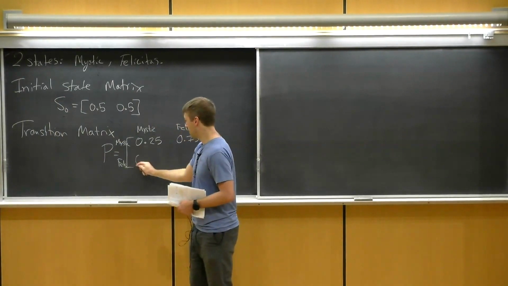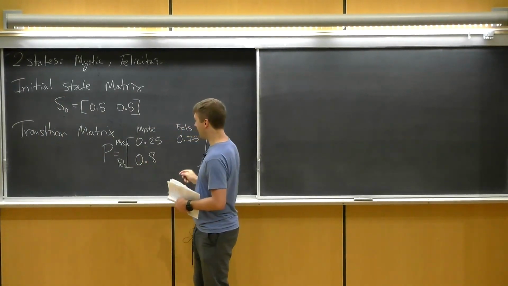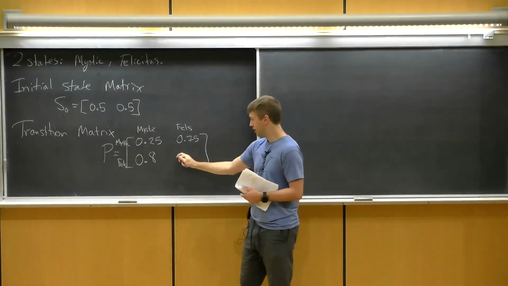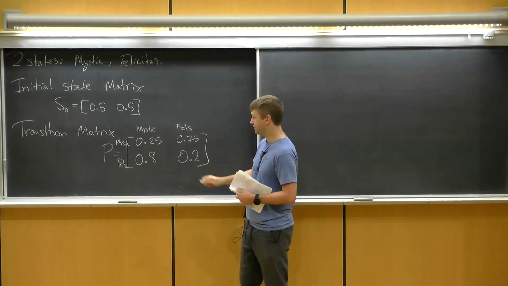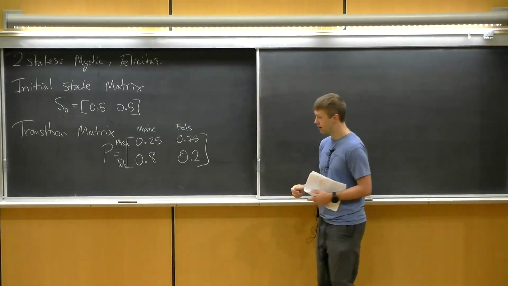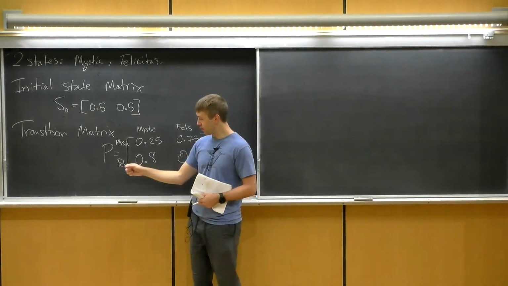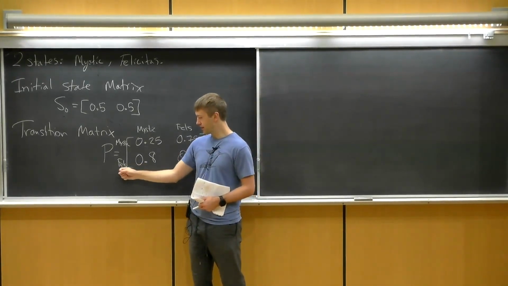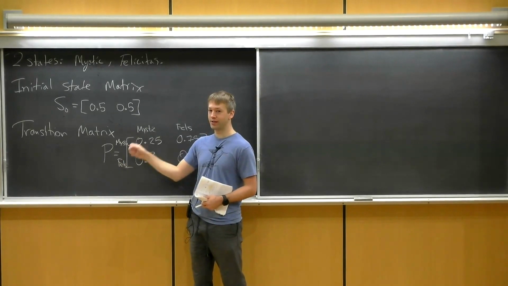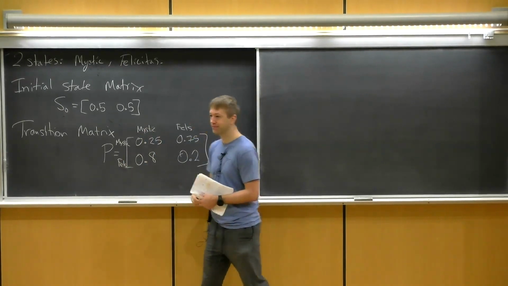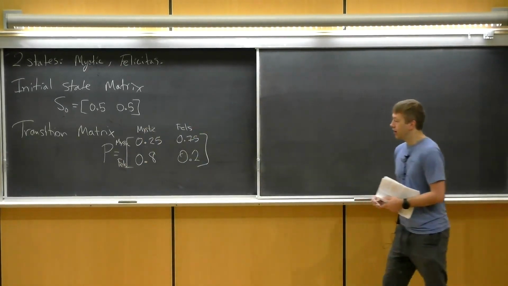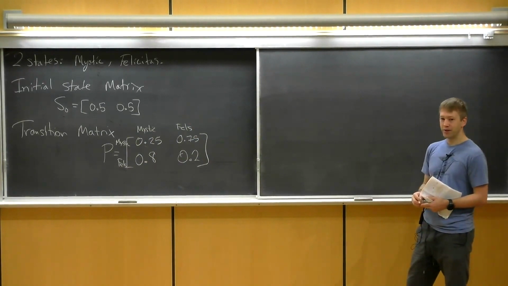The other row is similar, except it's 0.8 and 0.2. This 0.8 represents the probability of going from the state Felicitas to the state Mystic Market. Any questions about that?